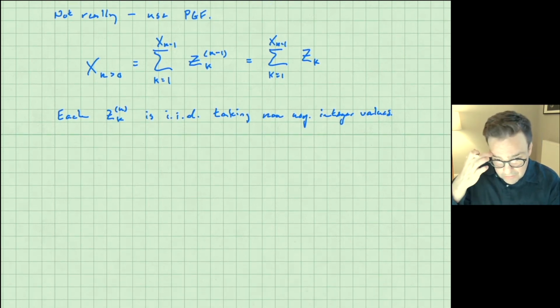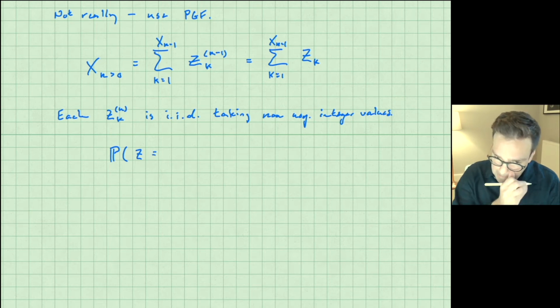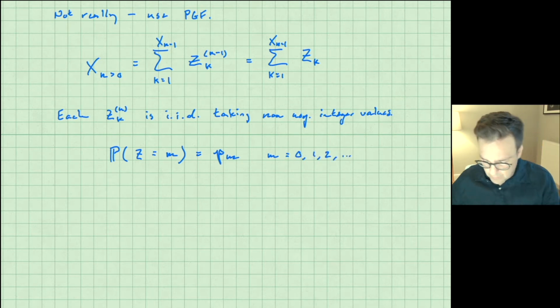Okay, and so we'll write the probability mass function for these guys in the following way. So in other words, each one has this probability mass function, probability that z is equal to, I guess I need another letter here, so why don't I just say m. That's going to be lowercase p sub m. So this is the same for all of the different z's, right?